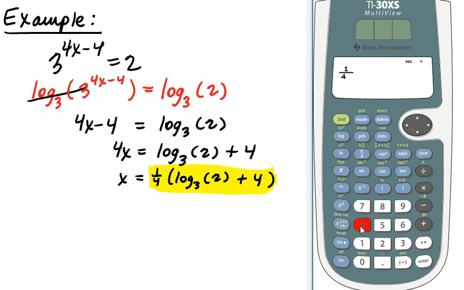So a fourth of, well, log base 3 of 2, I'm going to need to write in a fraction bar, natural log of 2 divided by natural log of 3, plus 4. I'm going to get 1.1577, and that would serve as an approximate answer.